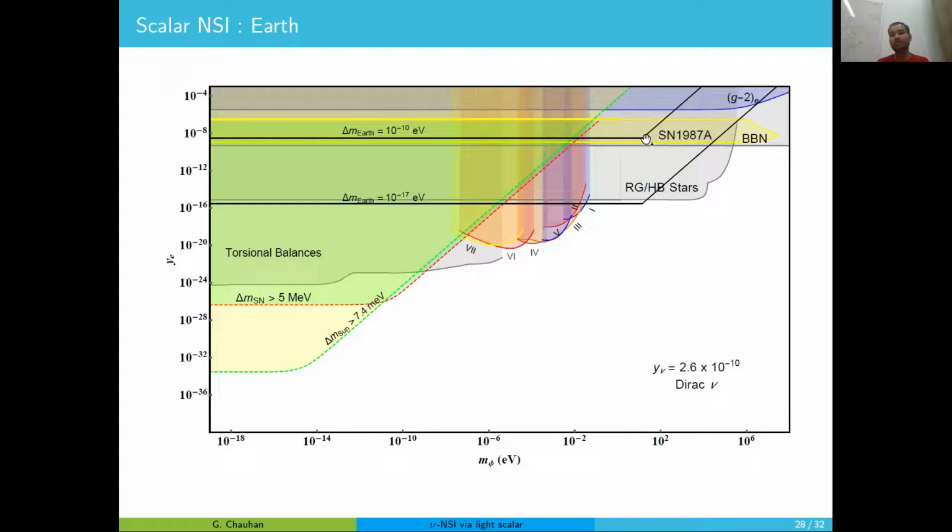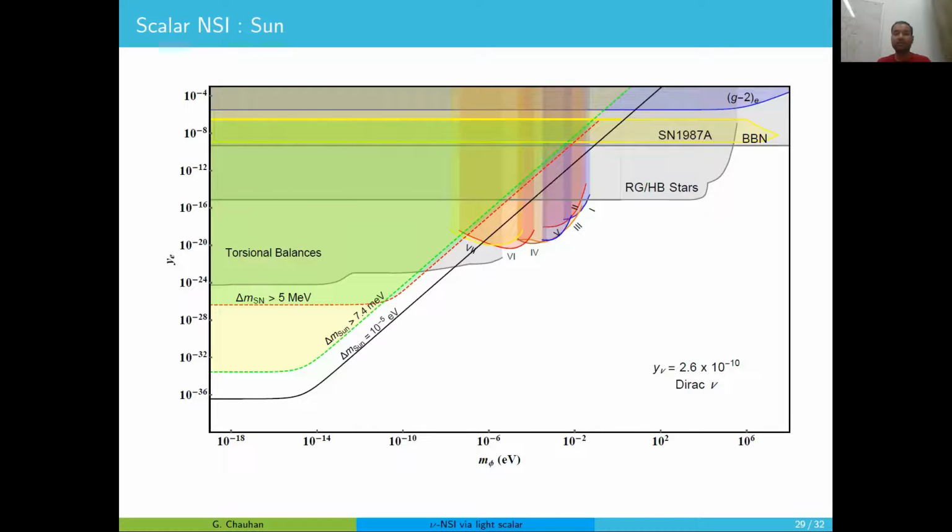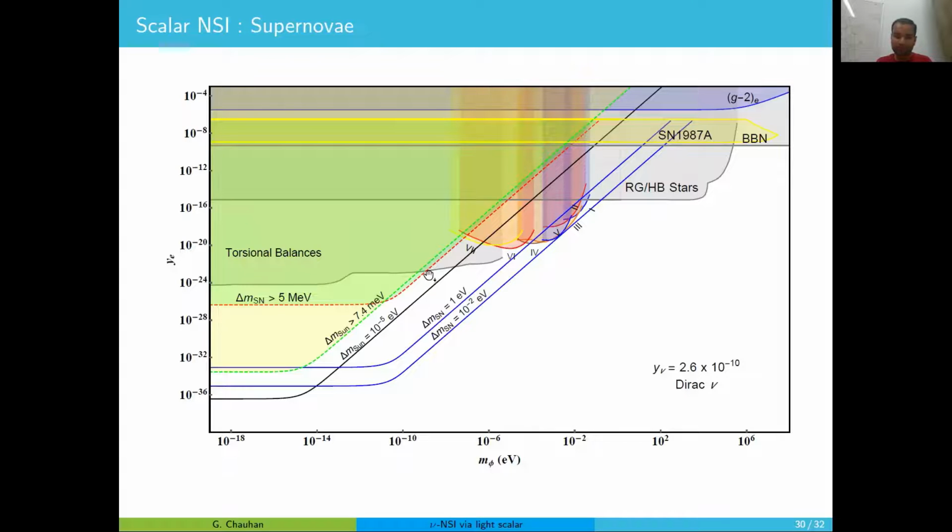So there is no chance to measure the scalar NSI in Earth, even if it exists. Moving on to the case of supernova, we see that there is a small region where it can be as high as 5 million electron volts. But in this region, it's most likely around 100 electron volts or 1 electron volt, around this range over here.